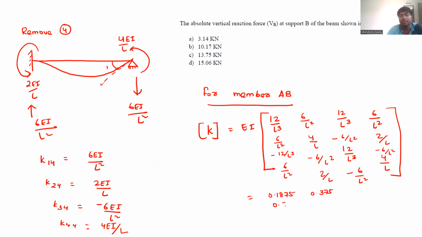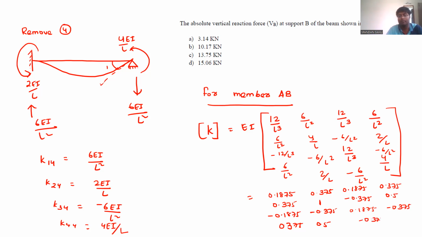So you got 0.375 here, minus 0.1875 here, 0.375 here, 2 by 4 will be 0.5, minus 6 by L square will be minus 0.375, 4 by L is 1, and here 12 by L cube is 0.1875, minus 0.375, 0.375.